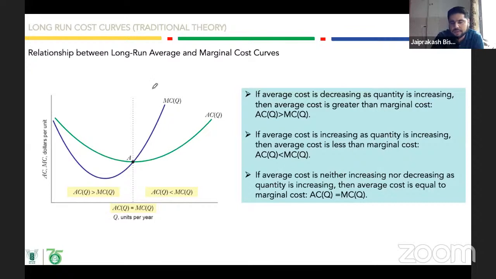ठीक है, तो सिमिलरली ये जो डिस्कशन है ऑलरेडी मैंने पहले भी किया हुआ था, पिछली स्लाइड्स में। सेम चीज यहाँ पे है, जब तक एवरेज कॉस्ट ज़्यादा है मार्जिनल कॉस्ट से, इसी एवरेज कॉस्ट इज more than this marginal cost, ठीक है। If average cost is decreasing, the quantity is increasing.